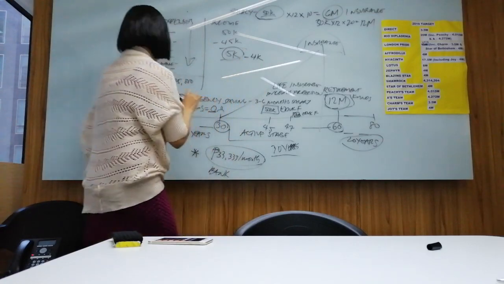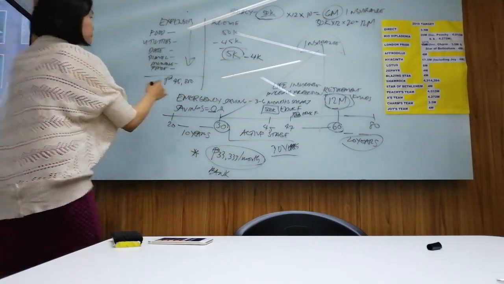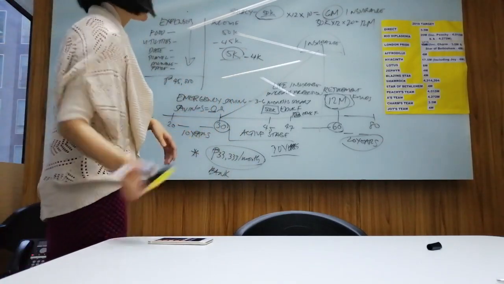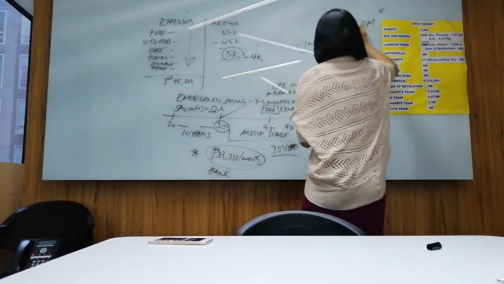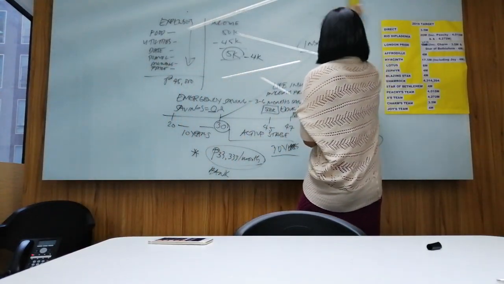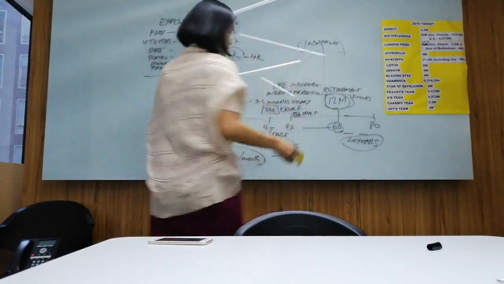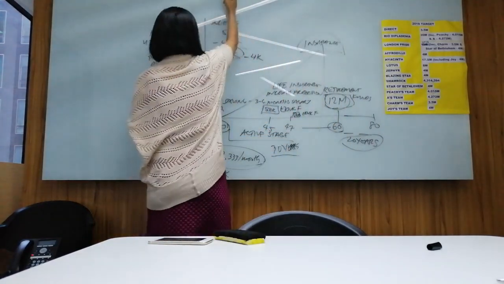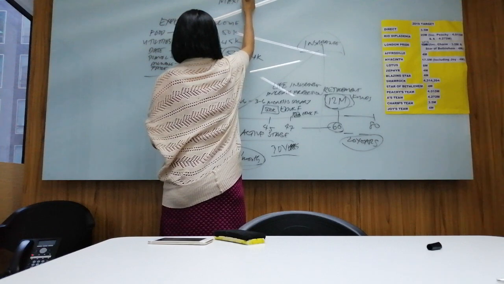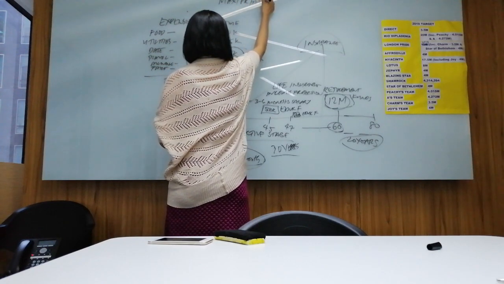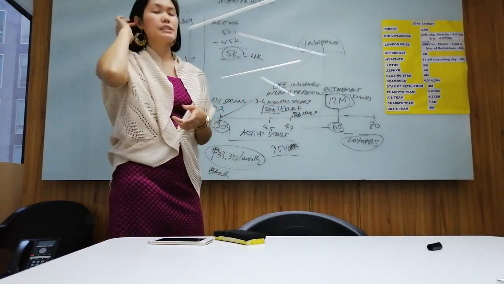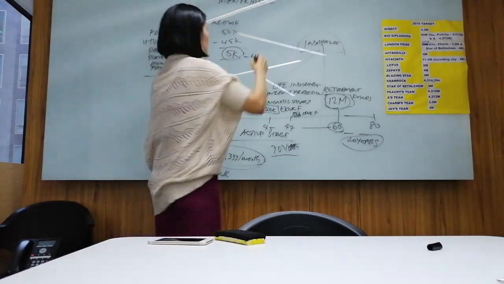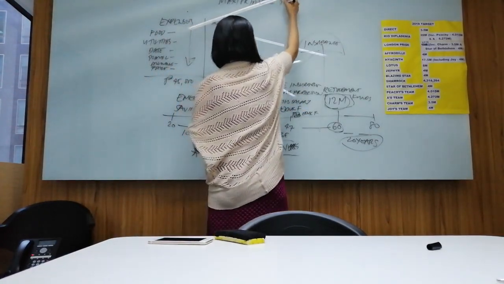So, ang una kong gagawin, gagawa ako ng MaxiLink Prime. Okay. So, Maxi Prime. Tapos, ang face amount niya, since si Maxi Prime is double the face amount siya, di ba? So, 3M face amount.